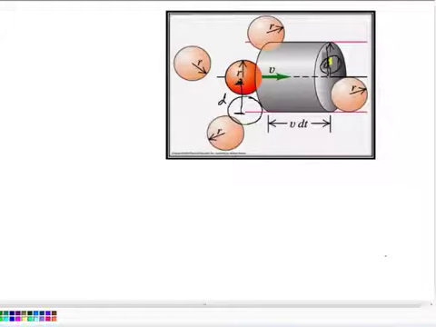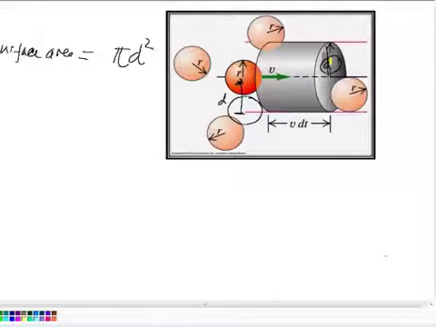Now imagine that the surface area here is equal to pi d squared.